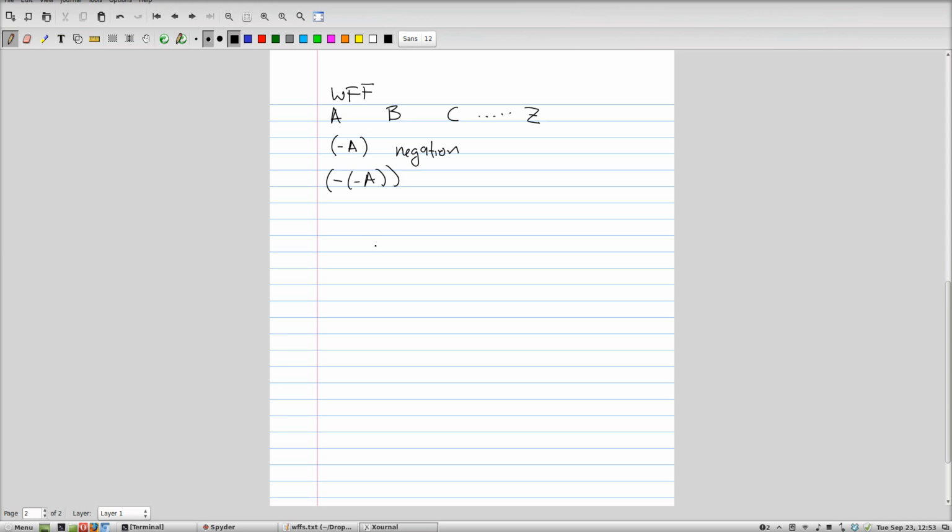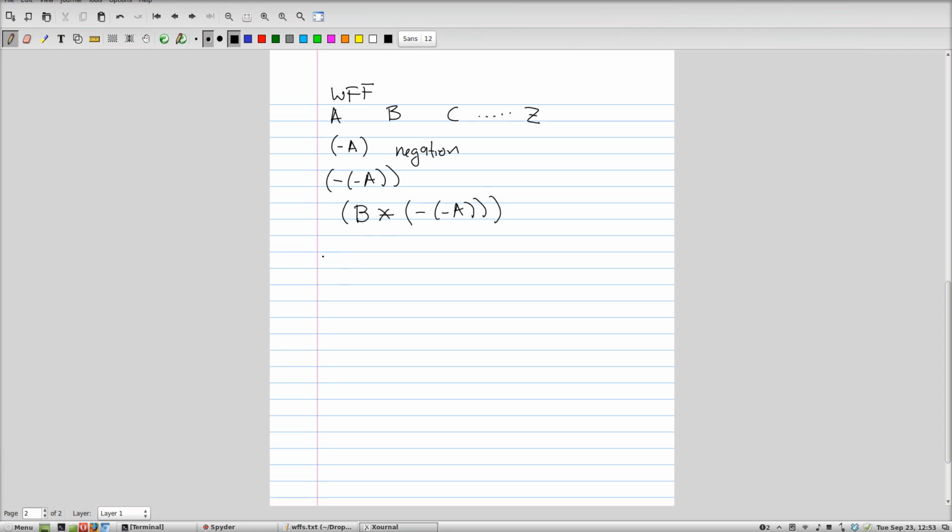So this is just the negation of that well-formed formula. And if I take one of the primitive ones like B, and let's say B and not A, this is a well-formed formula, and they sort of build up like this.